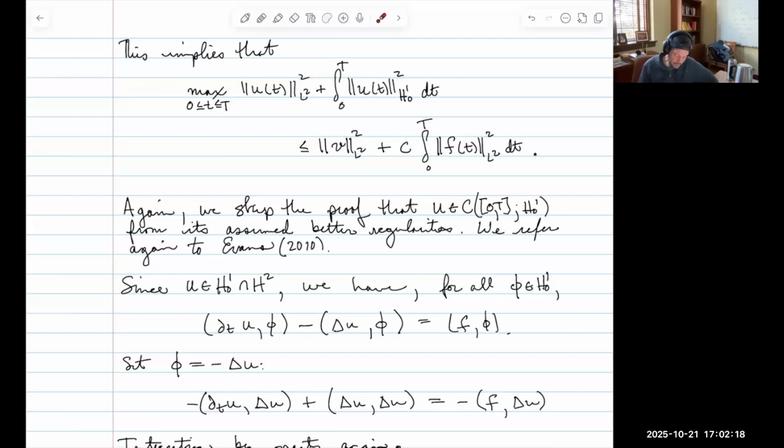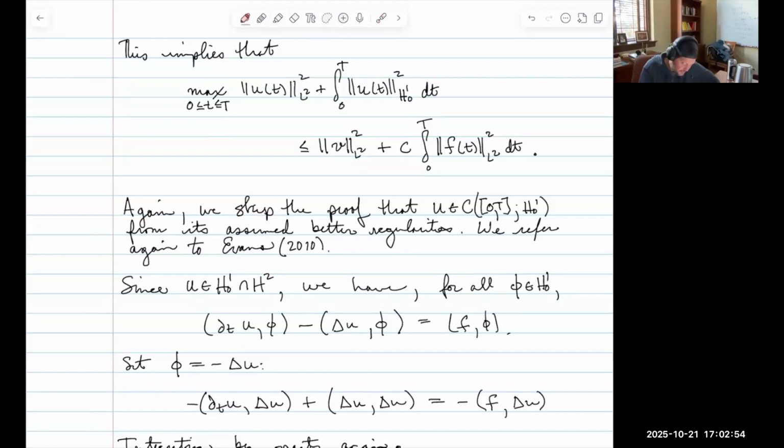Because it's in better regularity, this thing is actually going to be an L2 function. So it makes sense to combine an L2 function and an H01 function as we did many times before. This is the standard test function, phi. And so now we know that spatially U is in H2. I should say this is spatially true, so I should fix this up here.